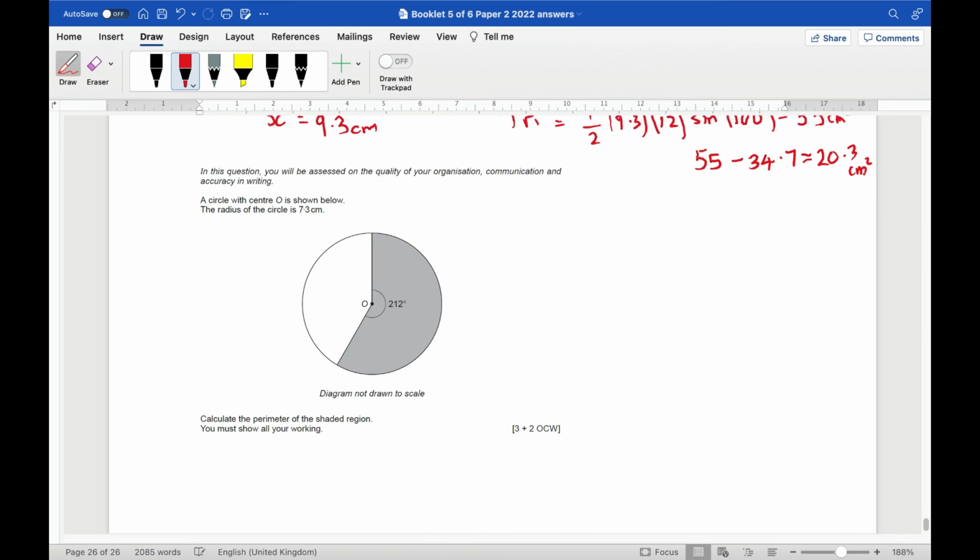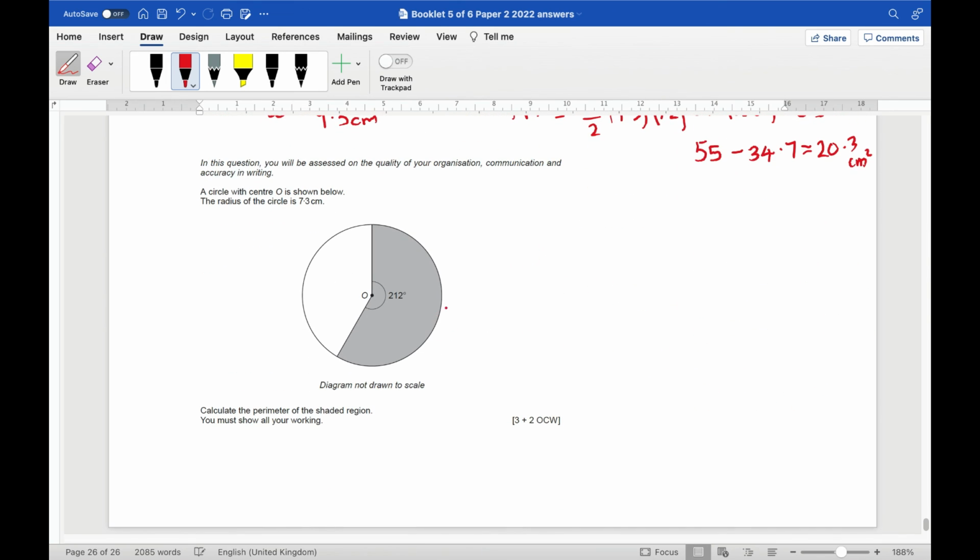And then the last bit here, calculate the perimeter of the shaded region. Easy enough, right? Tells you that the radius is 7.3. But because we're talking about the arc length, not the sector area, it's pi times the diameter times the angle.